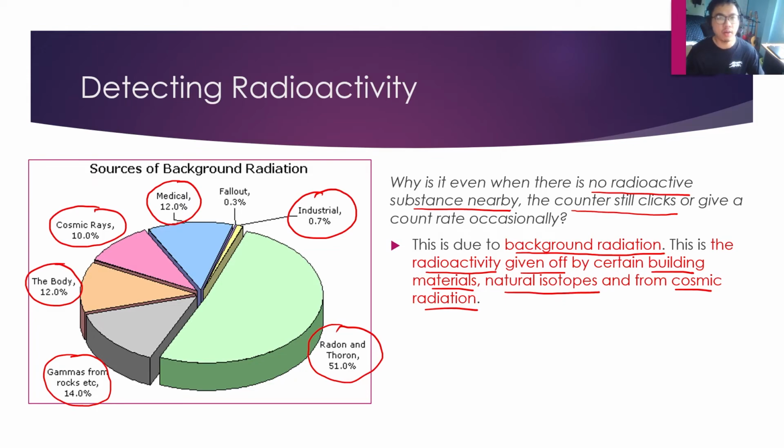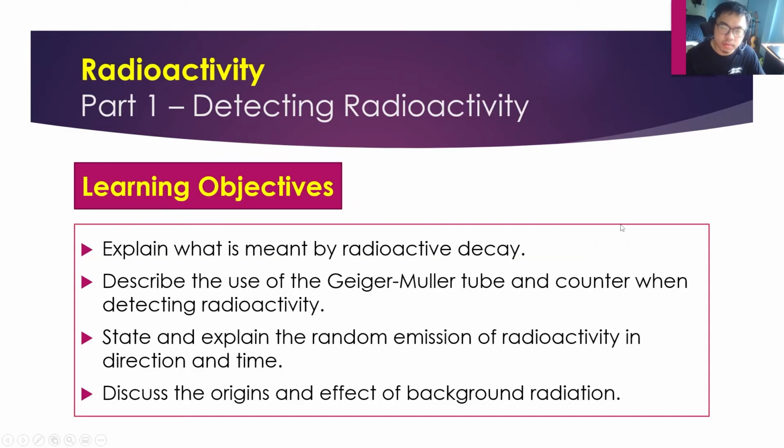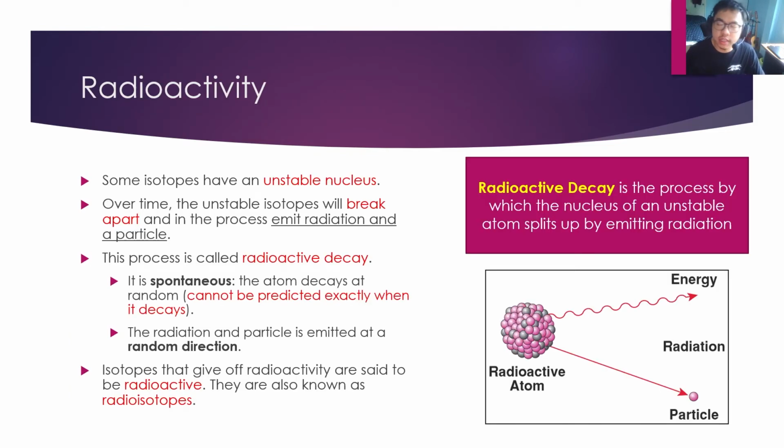In fact, right now, sitting or lying down watching this video, there is background radiation all around you. So, very important when you are measuring the count rate of a radioactive source, make sure you subtract the background radiation count.